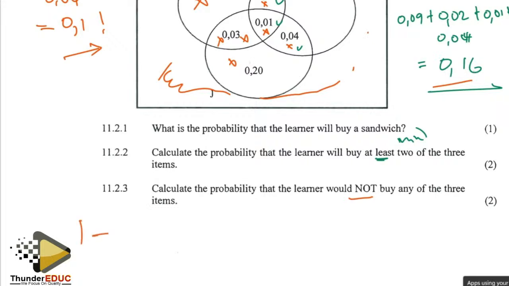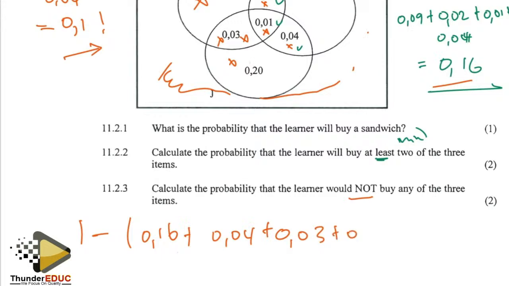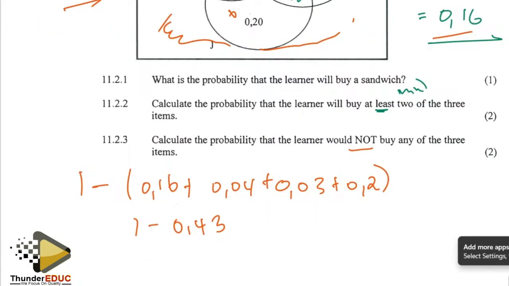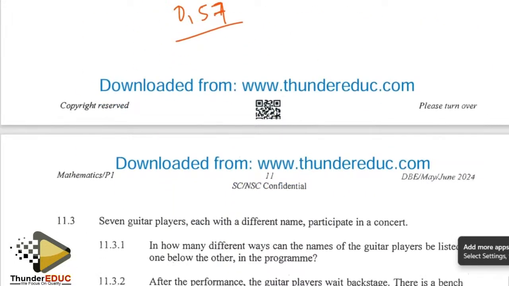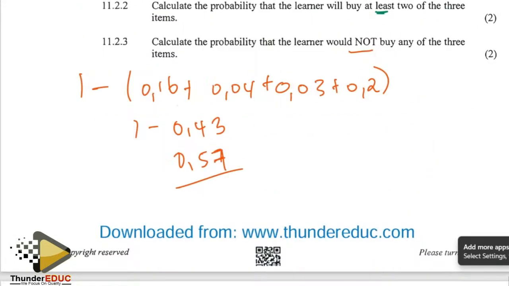So I'm going to say 1 minus the probability of everything, which is 0.16 plus 0.04 plus 0.03 plus 0.2. I hope that makes sense. That is 0.43. When you subtract that, I'm going to end up with 0.57. That's my answer for question 11.2.3.